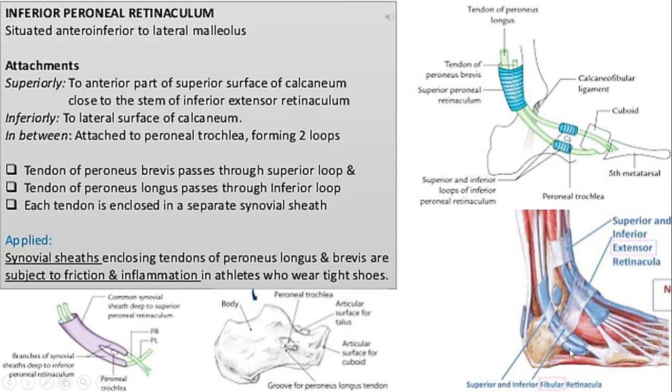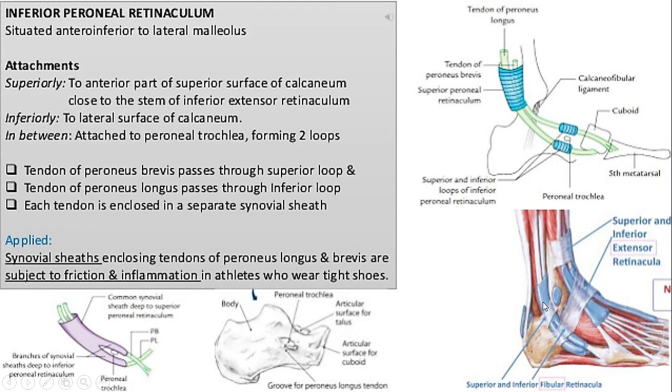This point is important as these tendons are passing over a pulley shaped structure, and they are working over a bony trochlea, so they are more prone to wear and tear. They are also more prone to trauma during forced eversion and inversion, so these muscles can be damaged.